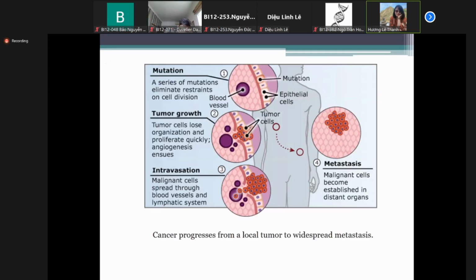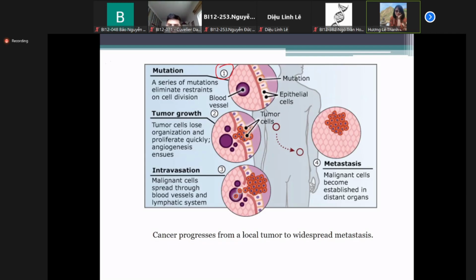So here's a graph that shows the cancer progressing from a local tumor to spread, metastasis. In the first step, a series of mutations eliminates restraints on cell division. Pay attention, we don't get cancer with only one mutation. It could be a series of them.